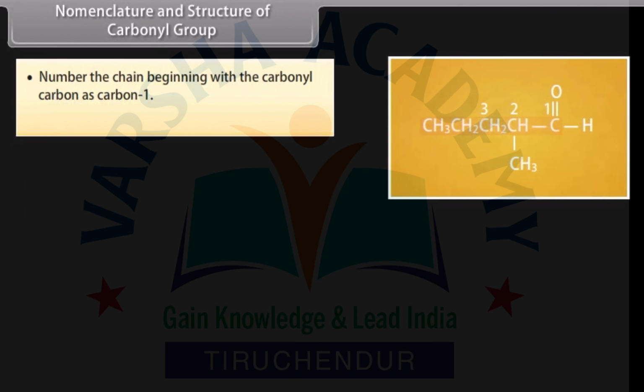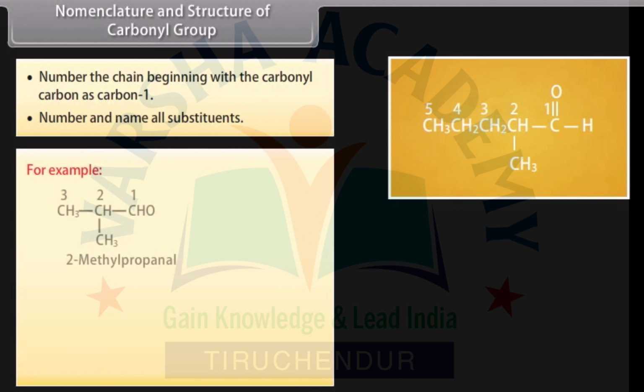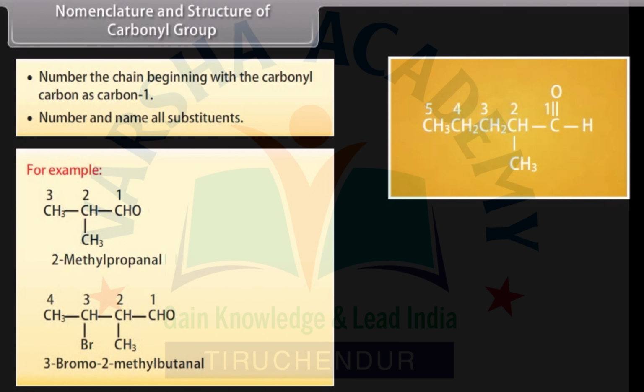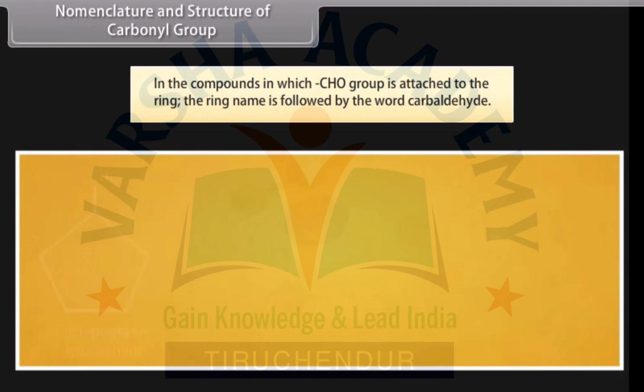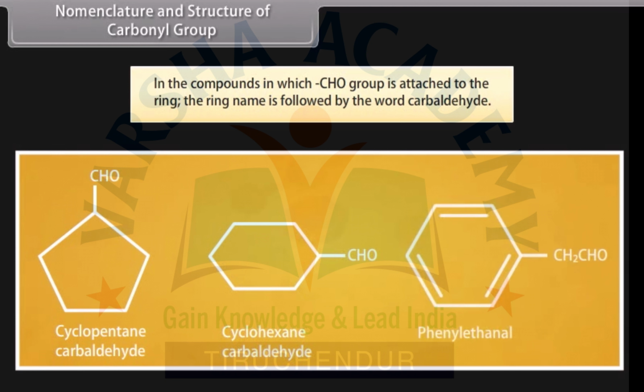Number the chain beginning with the carbonyl carbon as carbon 1. Number and name all substituents. For example, 2-methylpropanal, 3-bromo-2-methylbutanal. In the compounds in which aldehydic group is attached to the ring, the name is followed by the word carbaldehyde.